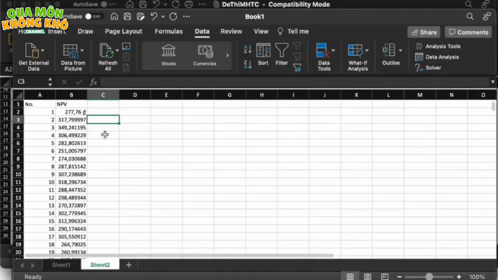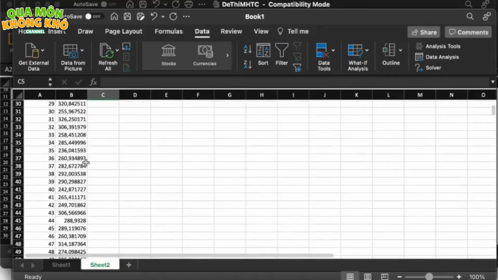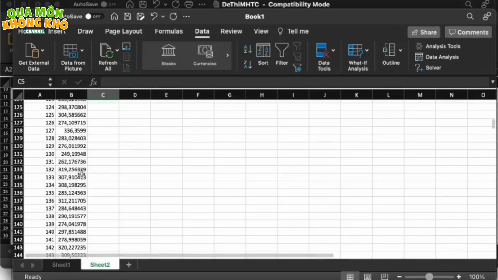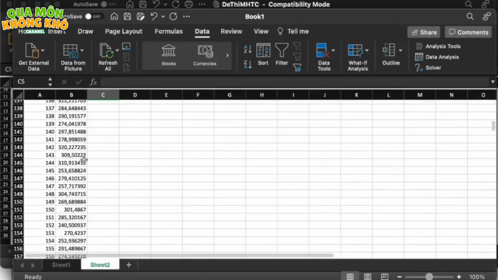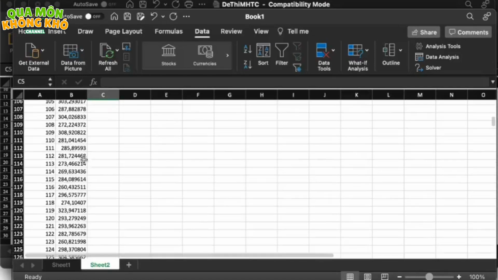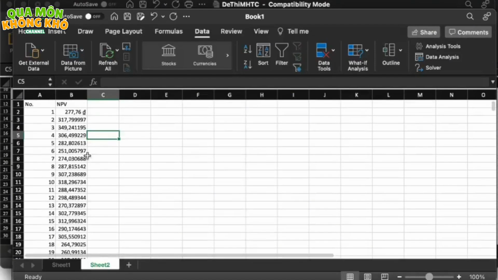And so we have 1000 NPV. We just simulated 1000 NPV in this situation. And we want to build the histogram of the 1000 NPV.